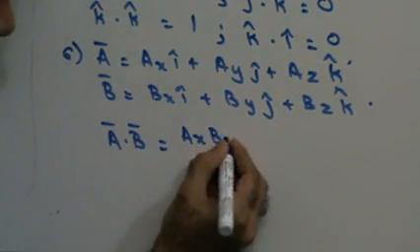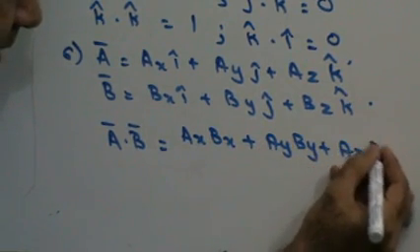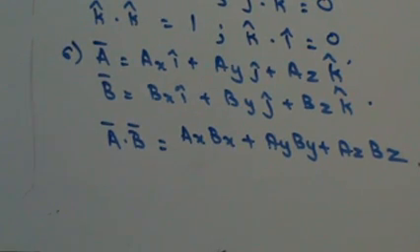Dot product is nothing but the multiplication of the magnitudes of the two vectors. So in that case, this will be nothing but AX BX plus AY BY plus AZ BZ. That's how you multiply the two vectors. So A vector dot B vector will be AX BX plus AY BY plus AZ BZ. There will be no I, J, K. That means the answer that I'm going to get here is a scalar. It will just be a number without any direction. Fine, do you get this clear? So do you understand the properties of dot product?